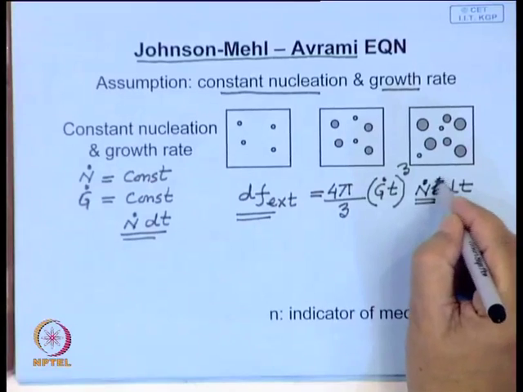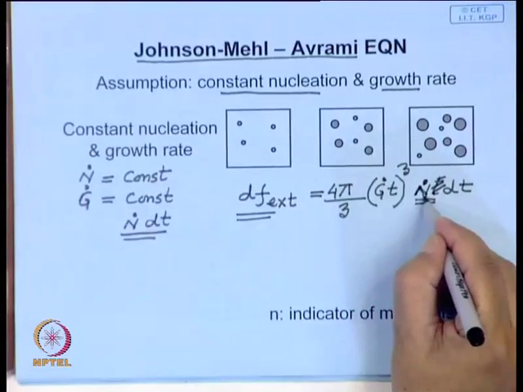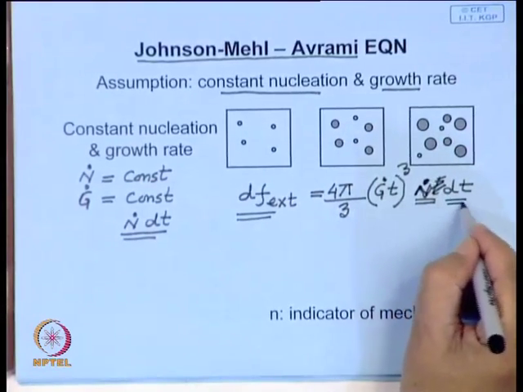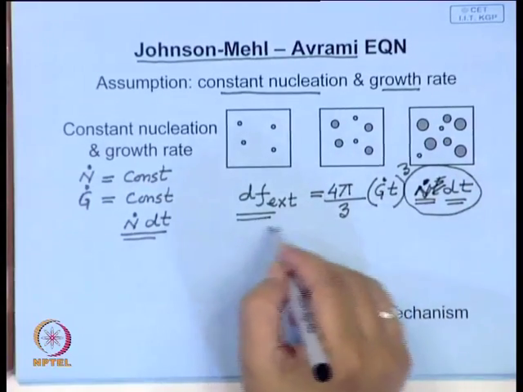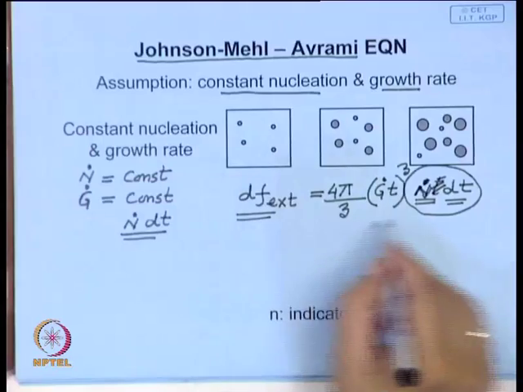You need not, because up to a time, if this is the growth rate, within this time so many nuclei will be forming, and what we are putting is right in the beginning of the transformation process.